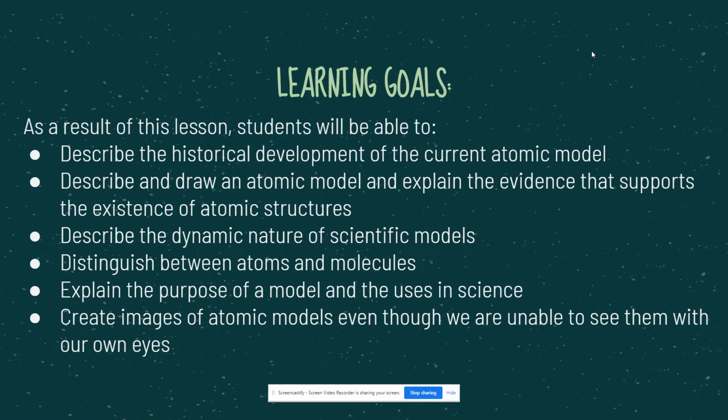You're going to be able to describe the dynamic nature of the scientific model, so we're looking at how they've changed. You'll be able to distinguish between an atom and a molecule. You'll also be able to explain the purpose of a model and the uses of it in science. And then you're also going to be able to, again, draw some simple atomic models.